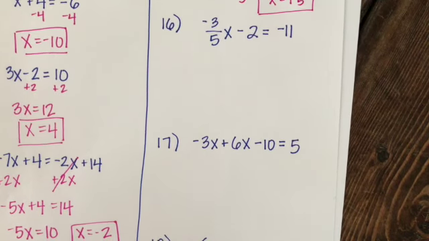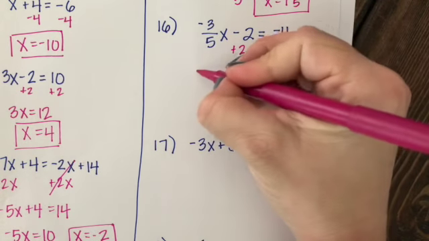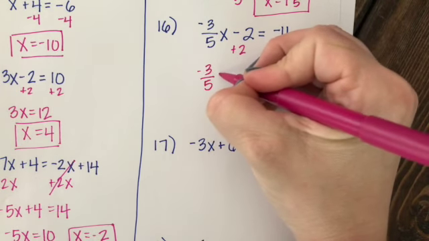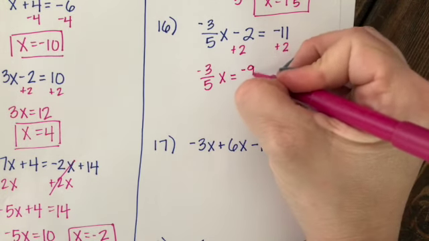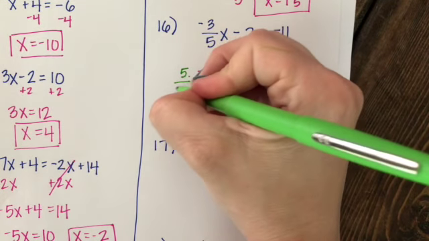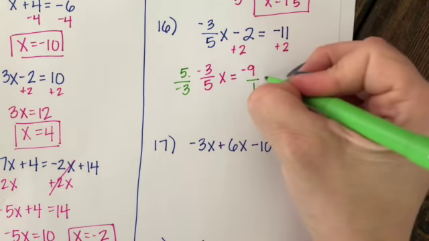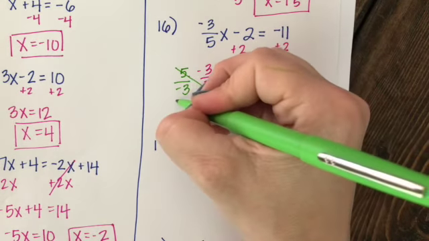16 is a two-step with a fraction, so we're going to add 2 to both sides first. Negative 3/5 x equals negative 11 plus 2 is negative 9. So now I'm going to multiply both sides by the reciprocal, 5 over negative 3. Okay, so 5 and 5 cancel.